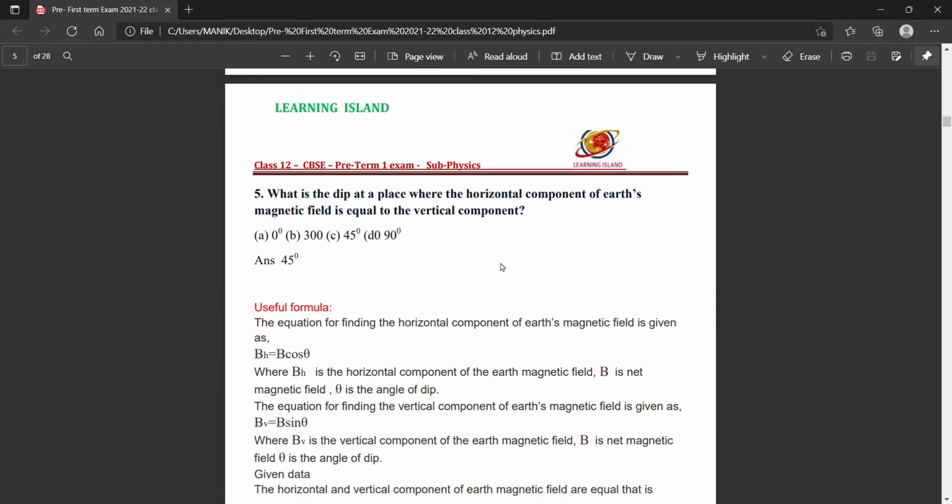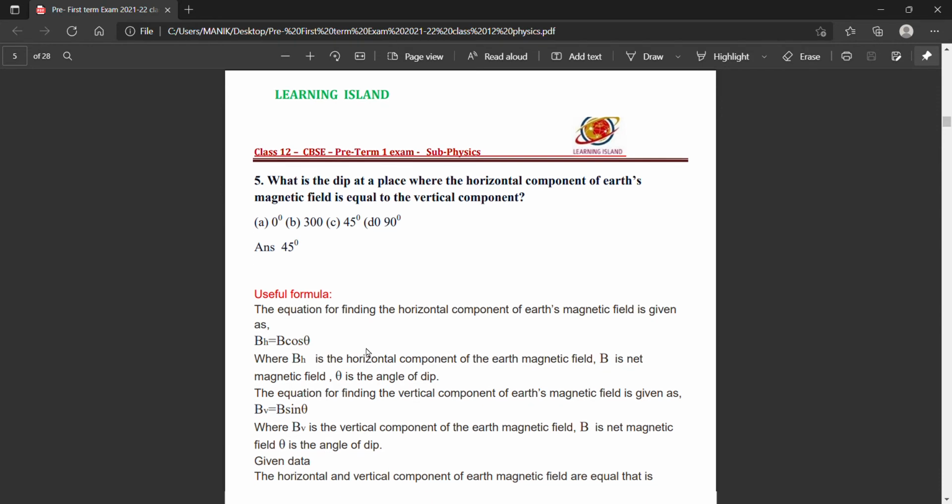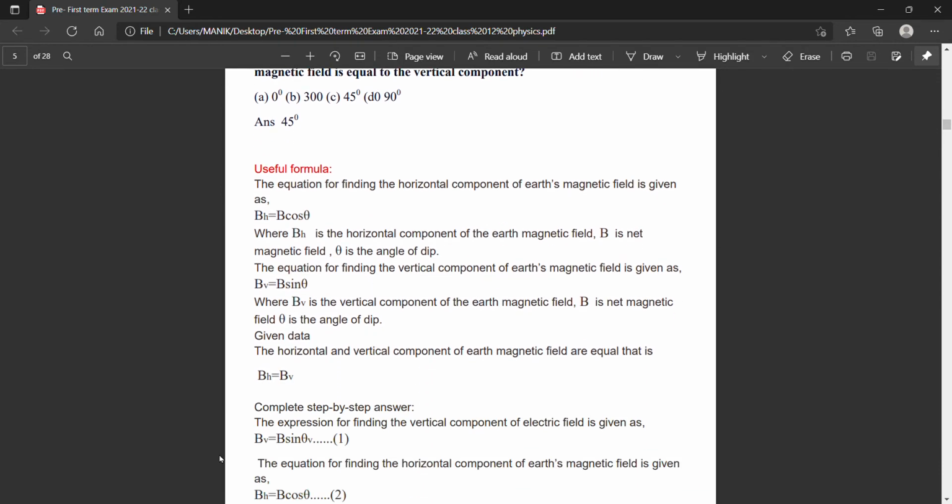What is the dip at a place where the horizontal component of the earth's magnetic field is equal to the vertical component? Here four options are given. The answer is 45 degree. So how it has come, I am explaining here. You know, BH is the horizontal component of the earth's magnetic field, B is the net magnetic field of the earth, and BV is the vertical component of the earth's magnetic field.